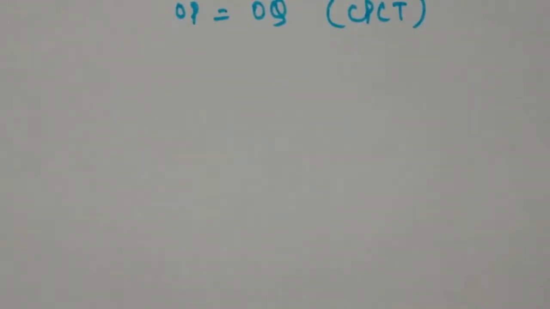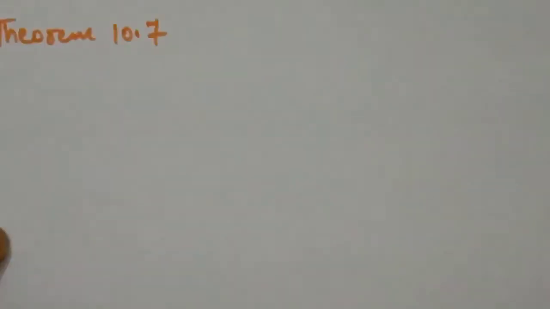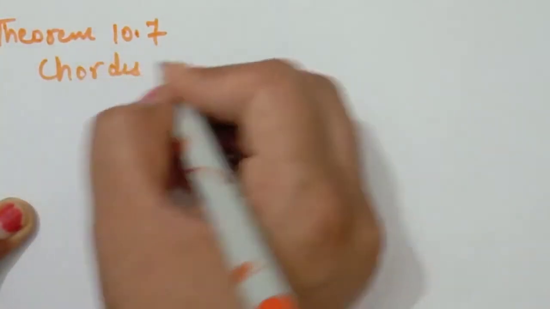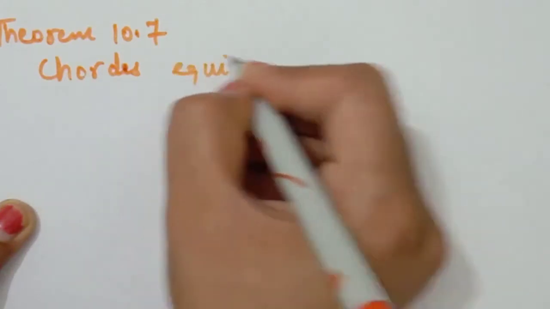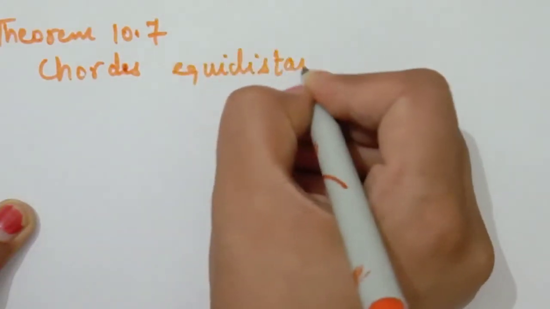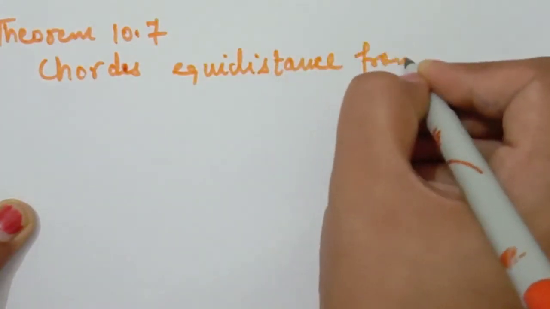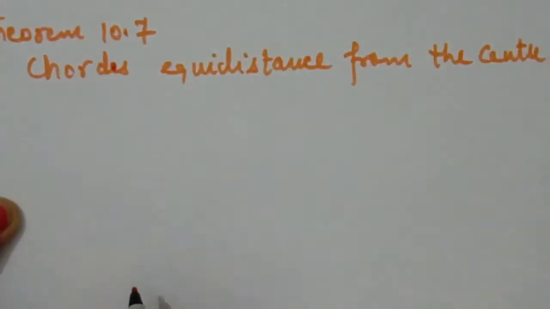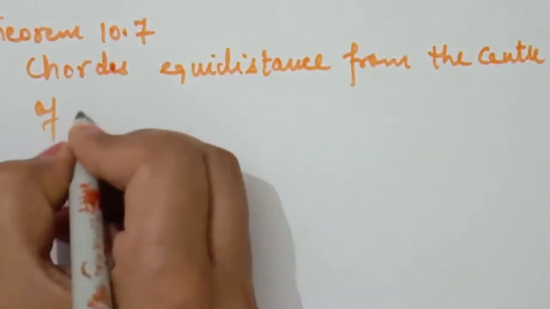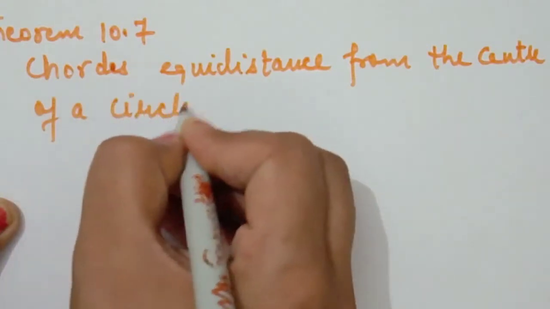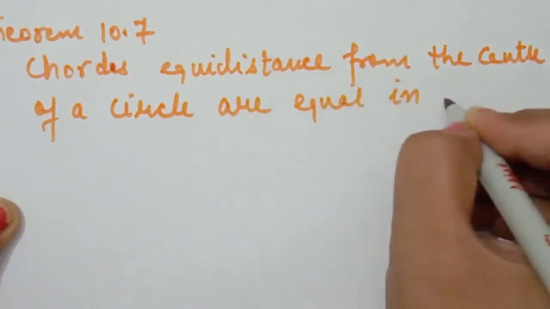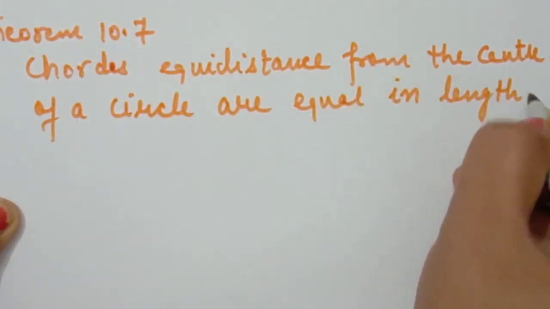Now the next theorem, theorem 10.7. Theorem 10.7 statement: chords equidistant from the center of a circle are equal in length.